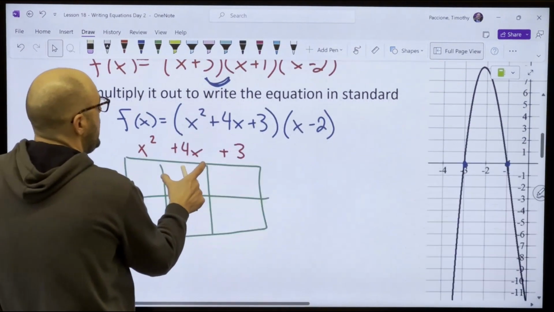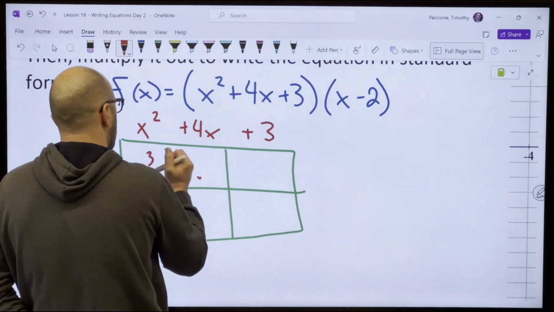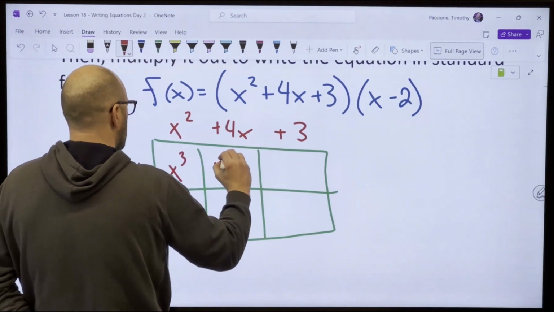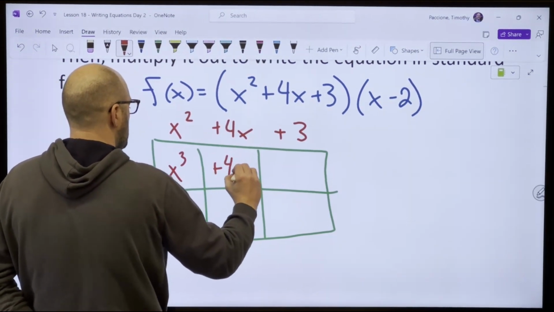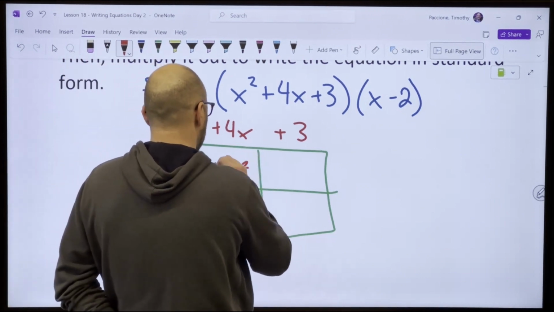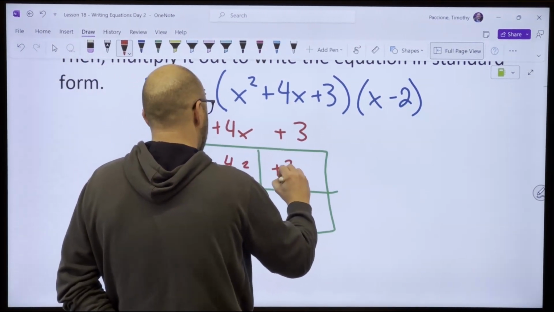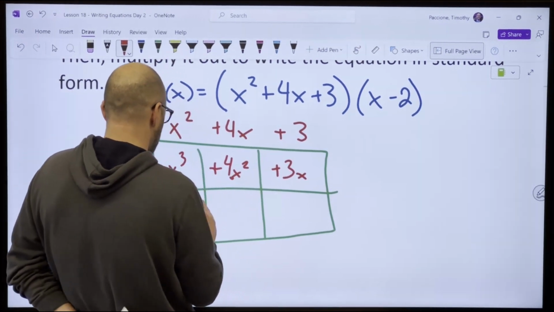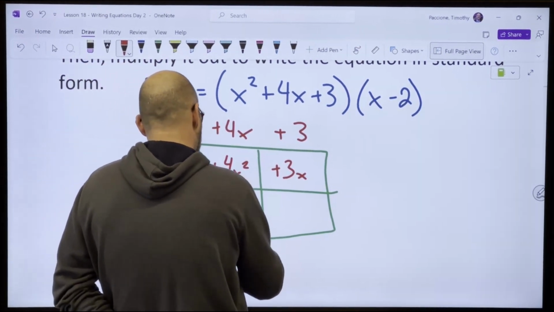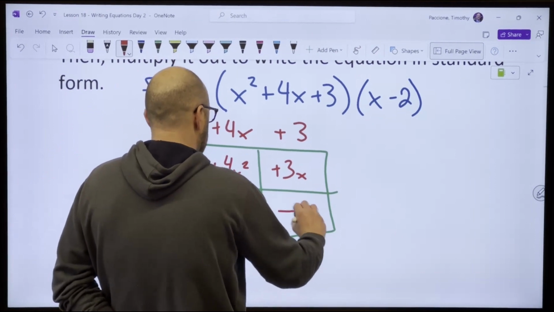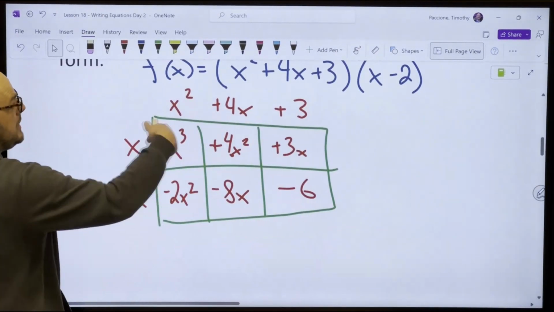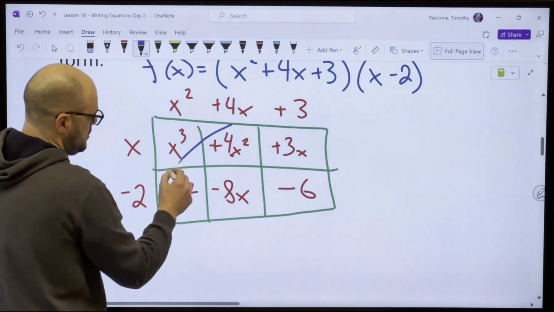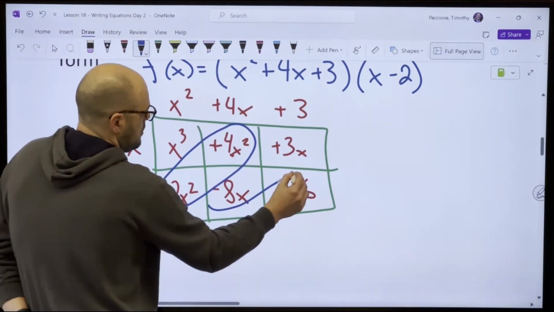I end up with x to the third plus 4x squared plus 3x minus 2x squared minus 8x minus 6. This one does turn out to be a nice diagonal situation with my like terms.